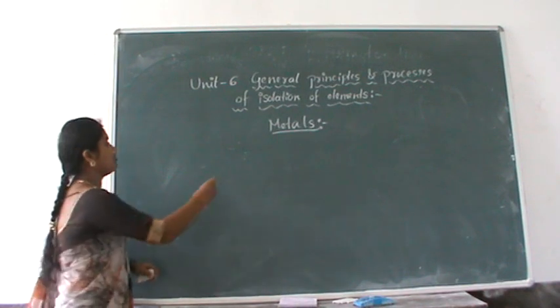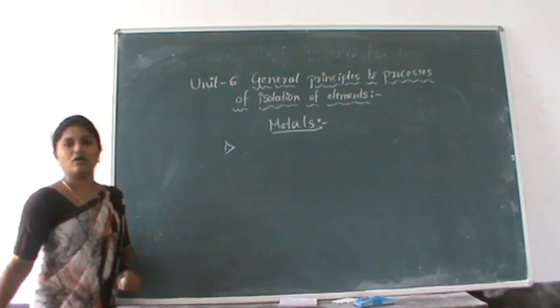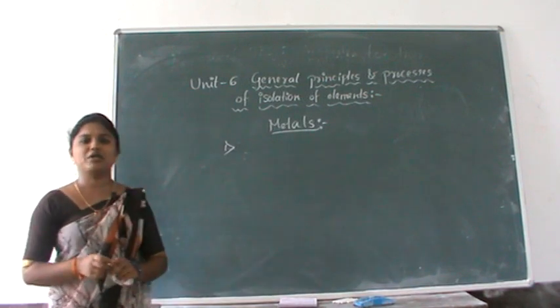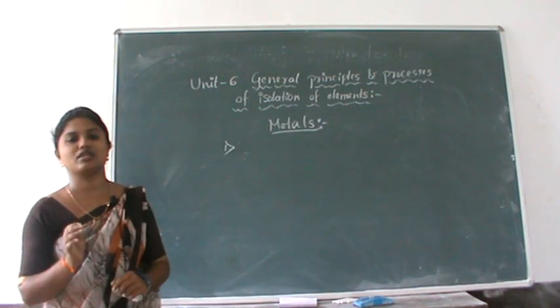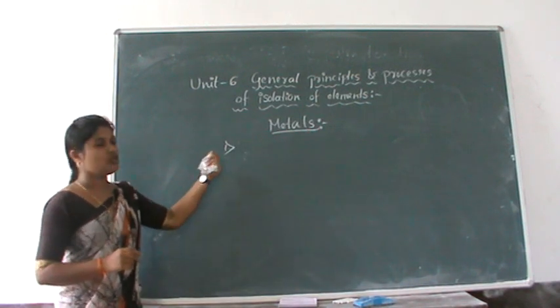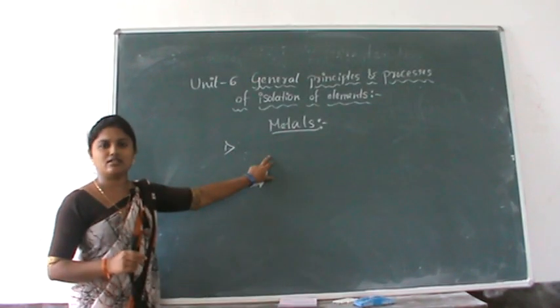I will list a few uses of metals. First, in the construction of buildings. We are using iron rods for the construction of buildings, so it is also a metal, isn't it?